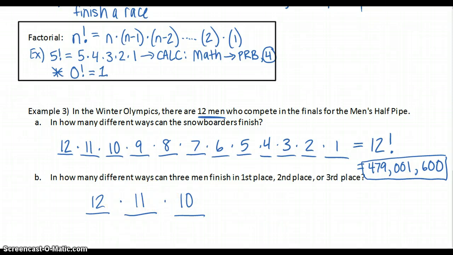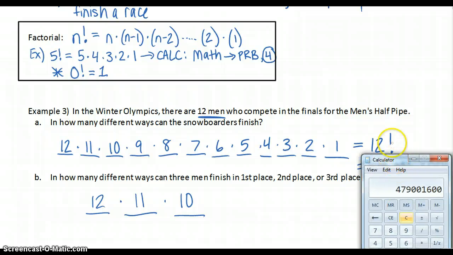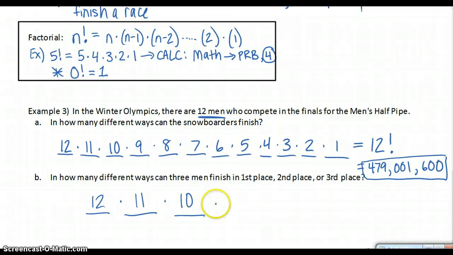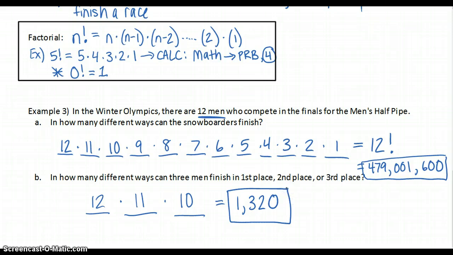So we would go ahead and multiply these together. I'm going to multiply it over here on my simple calculator. 12 times 11 times 10, and that should give us 1,320 different ways that they can finish.